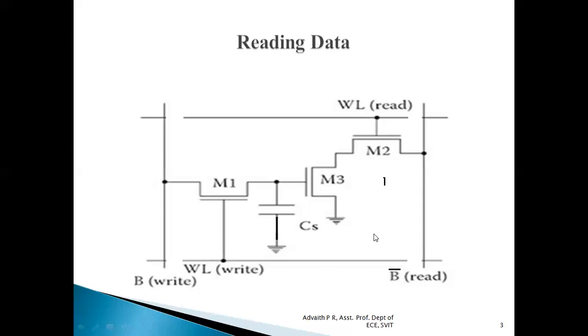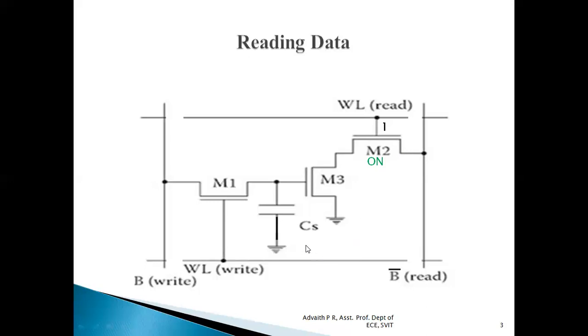For example, if we consider that the word line for read operation is high, when the gate input of this N-channel MOSFET is high, this M2 MOSFET is on. So when M2 MOSFET is on, there is a definite connection established between the source terminal and the drain terminal of this M2 MOSFET. So it acts as a closed switch.